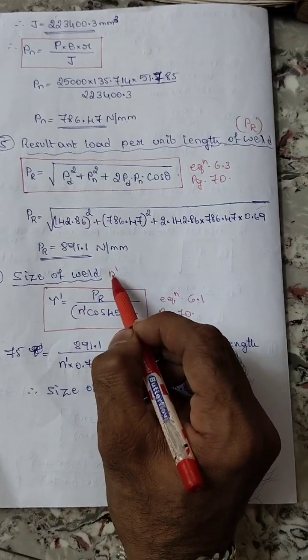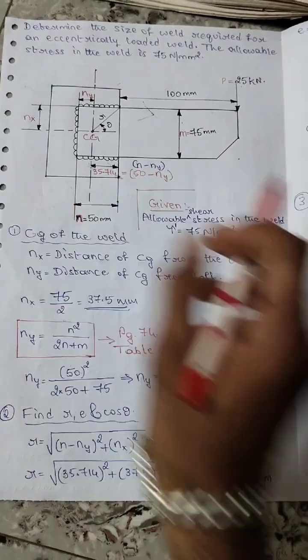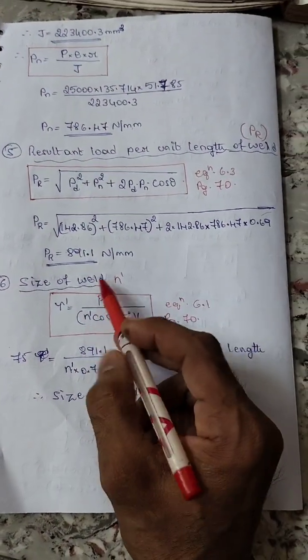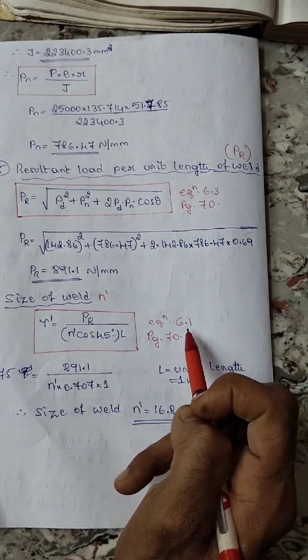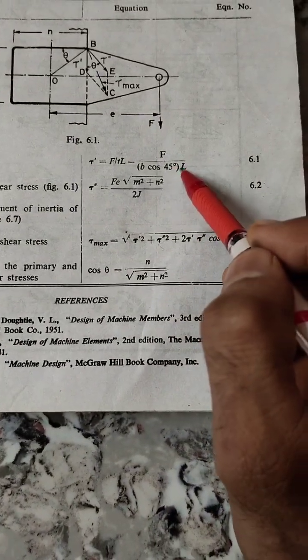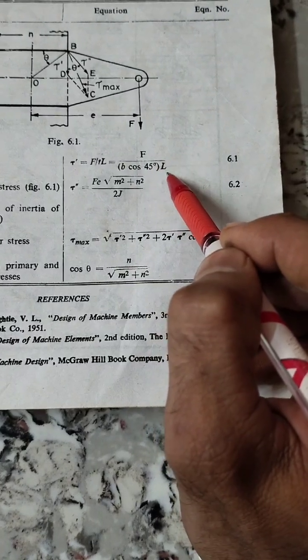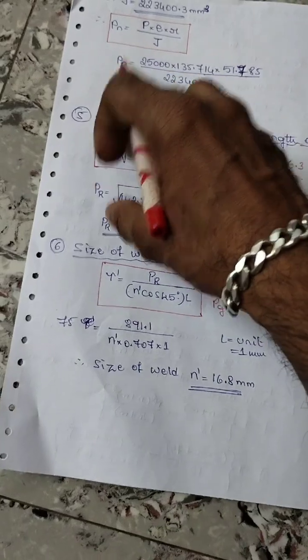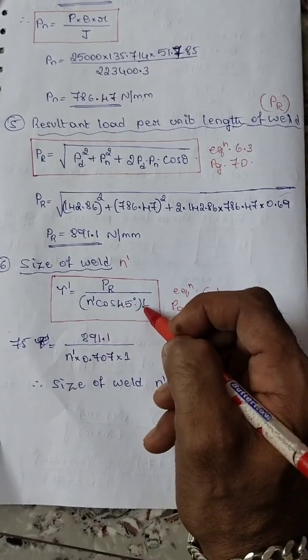Size of weld: I have taken n dash, because initially I have taken this width as n, so I'll take this as n dash. This equation is also available, equation 6.1, page 70. Tau dash is equal to F by b cos 45 degree L. This is the original, but according to our considered terms I have modified this equation.